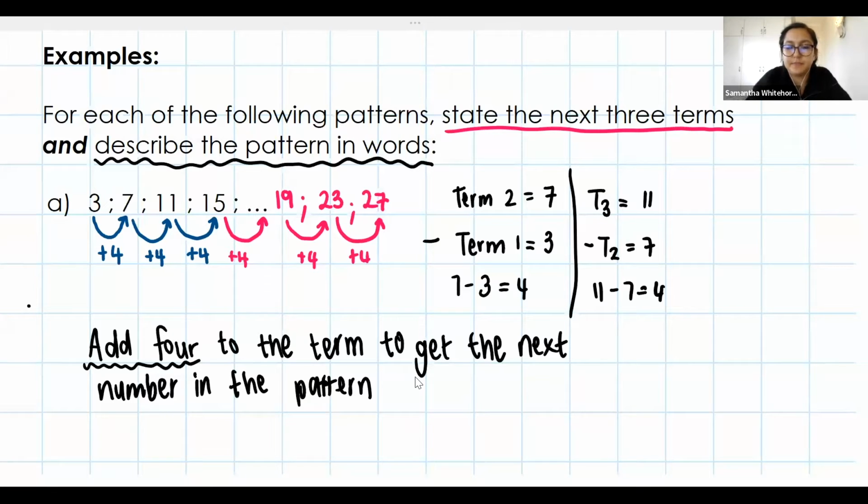So basically, Miss, does it really matter if it's minus, divide, multiply, or plus? No, not really. We have specific types of patterns. Patterns where we're adding the same number each time is a specific type of pattern.